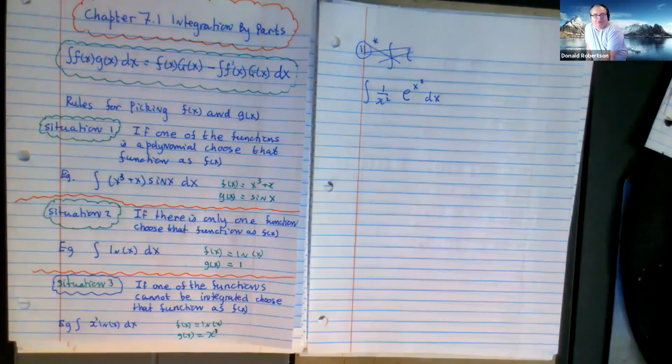I'm going to try and do this one with integration by parts, but you've got to remember I've just made it up right now. So if it doesn't work, I might have to go back and make that x cubed or something to make it work. So just a warning off the top.